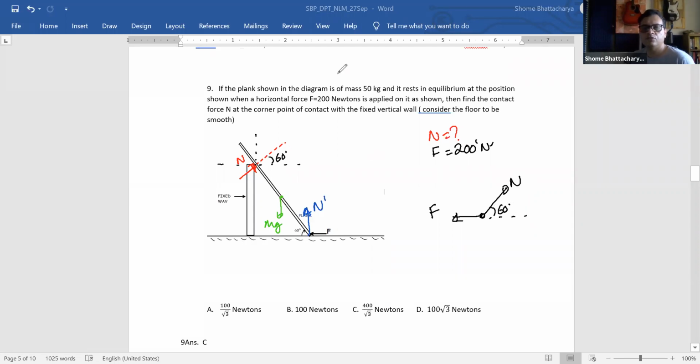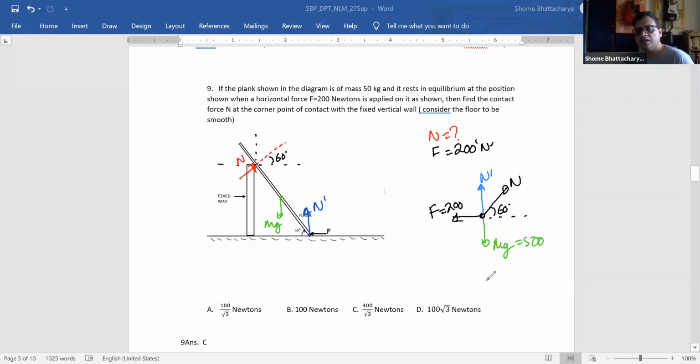Apart from this, there are the other two forces: the normal reaction that the ground is applying, N prime, upwards, and the weight of the block, mg, downwards. Out of this, what all is known to us? This is known to us as 500 newtons, and this is known to us as 200 newtons. So we can find out the other two forces. In this case you've been asked only one of the two, but you can find out both.